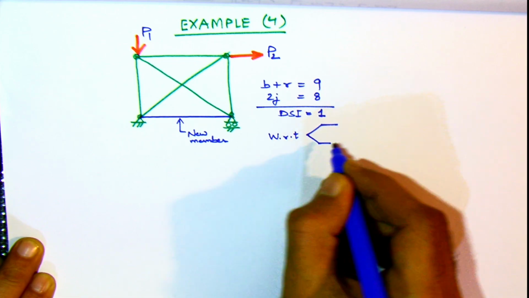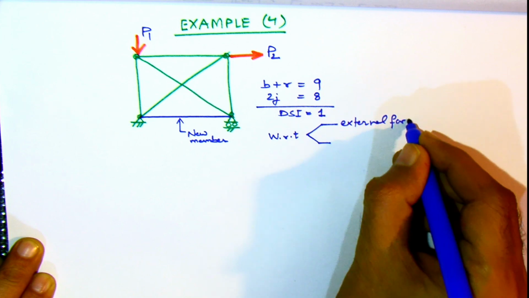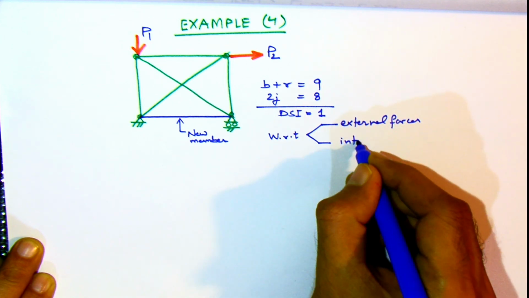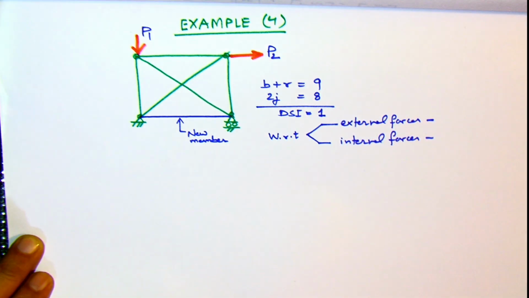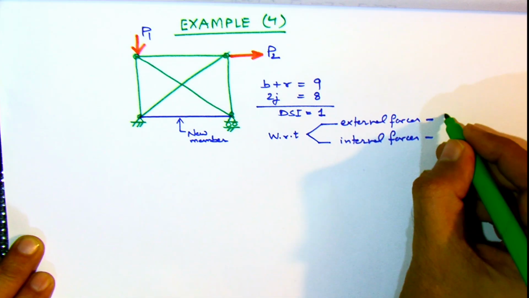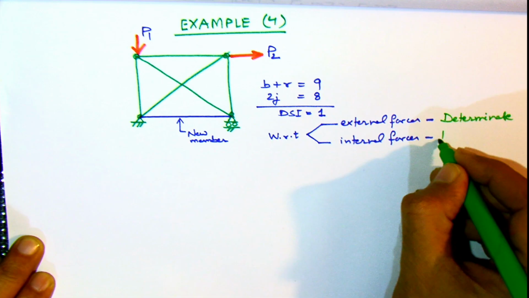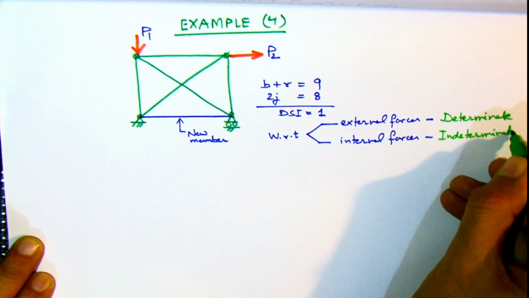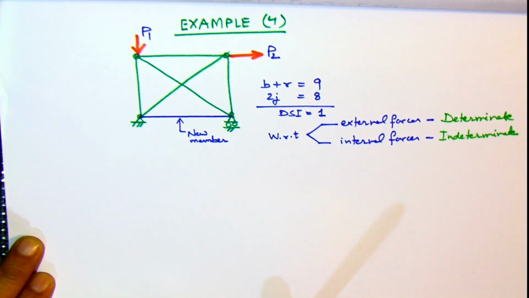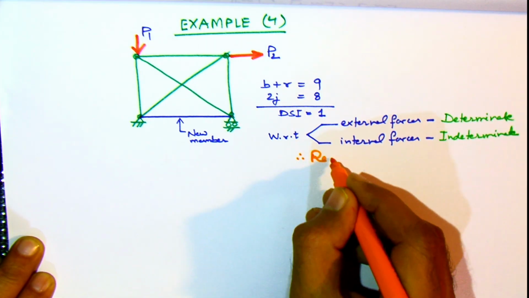As far as the external reactions are concerned, the truss as a rigid body is still determinate, because there are only 3 external reactions which can be determined by the 3 equilibrium equations. But it is indeterminate with respect to the internal forces. Hence, we cannot choose an external reaction as the redundant. The redundant must be chosen among the internal forces only.